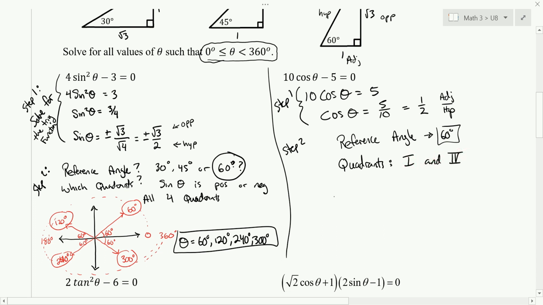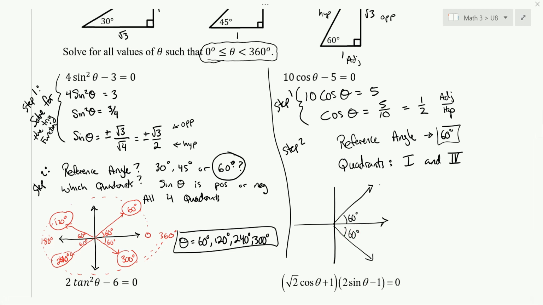Then we draw 60 degrees into quadrant 1 and quadrant 4. If we borrow from our previous problem, we've already found those locations at 60 degrees and 300 degrees. So the answer is theta equals 60 and 300 degrees.